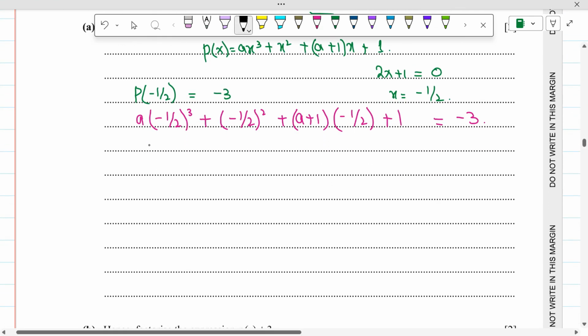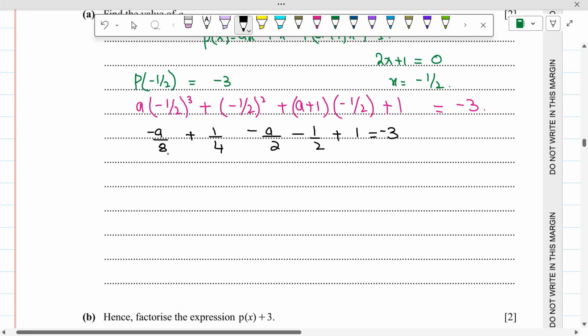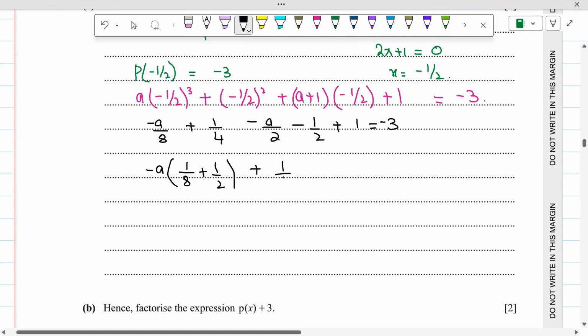Further solving, we will have negative a over 8 plus 1 over 4, negative a over 2 and negative half plus 1, and this equals negative 3. Taking negative a common from the first and third terms, we have negative a times (1 over 8 plus 1 over 2), plus 1 over 4, and negative half plus 1 equals positive half, and this equals negative 3.